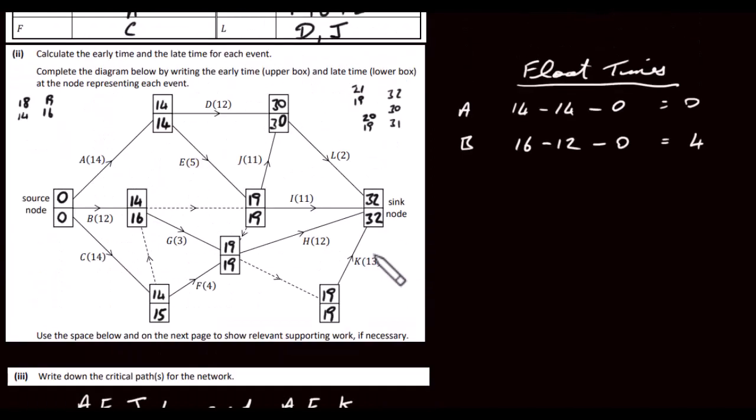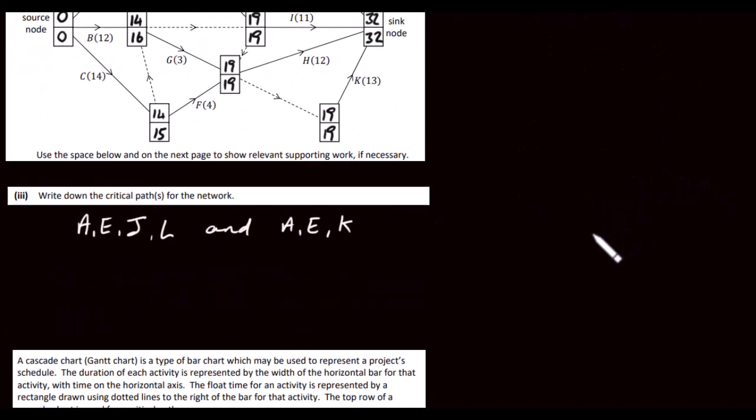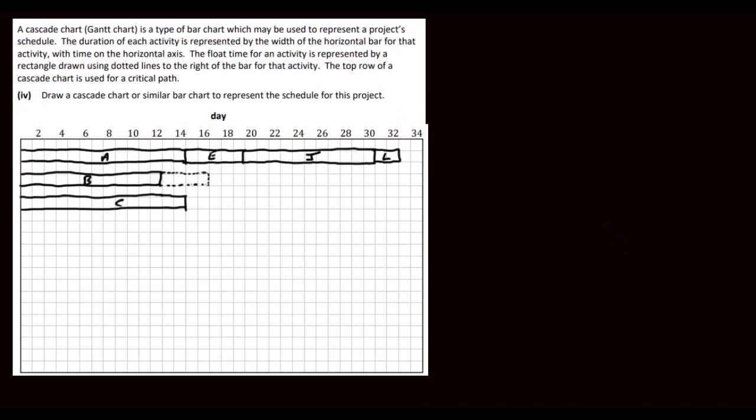So if we come up here and have a look at our float times, we have C. So C is here, so we take this value here, the late time here, which is 15, subtract 14, so it's 15 minus 14, and then this value here, the early time here, which is 0, so it has a float time of 1. So we just have to draw in dotted lines here for 1 day. Okay, so that's A, B, C, and we need D next.